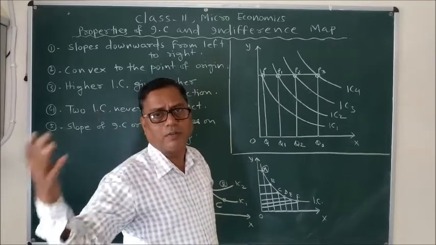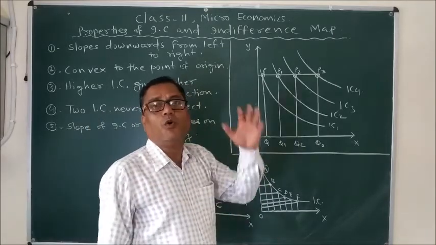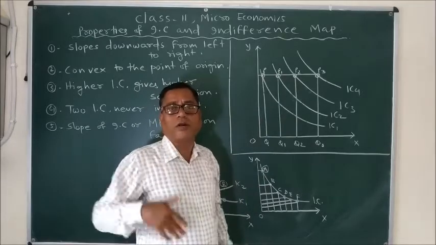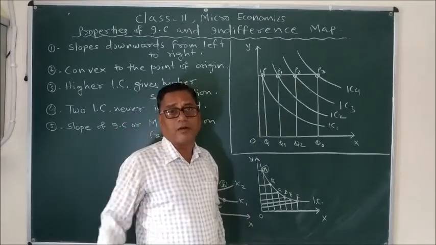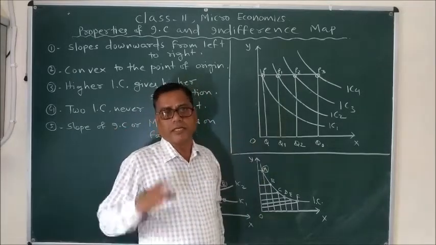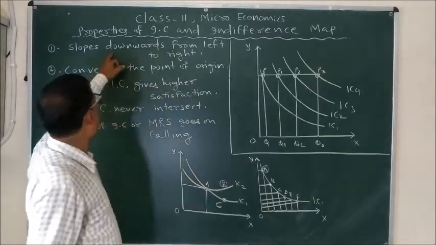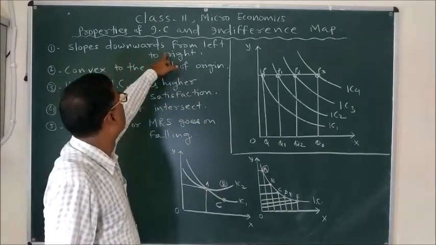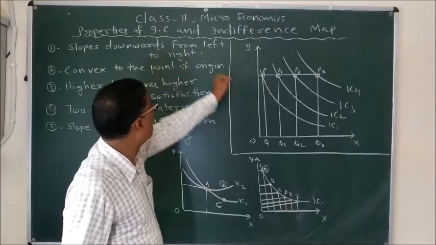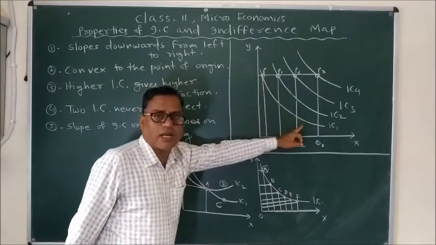The higher the amount of X the consumer is willing to purchase, the lower the amount of Y the consumer can purchase with his limited income and the prices of X and Y being fixed. That's why the first point says indifference curves slope downward from left to right.